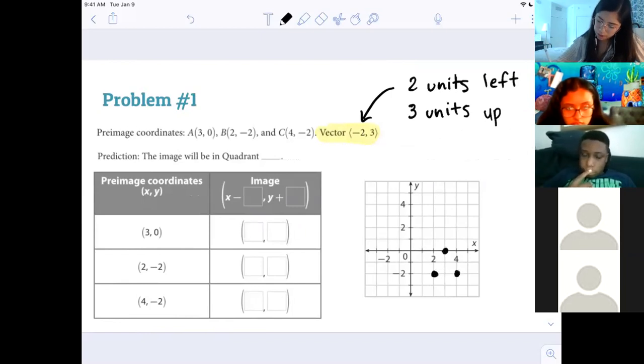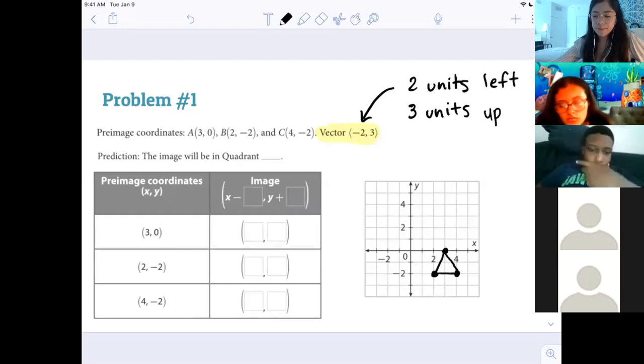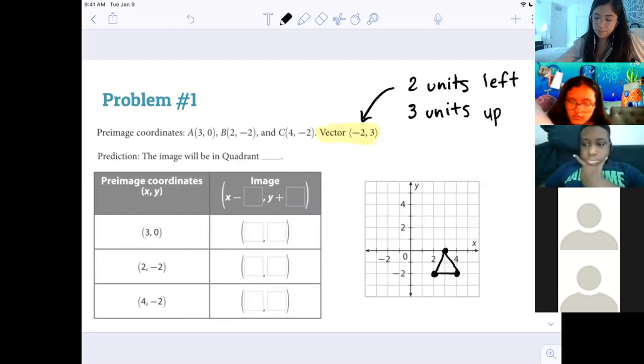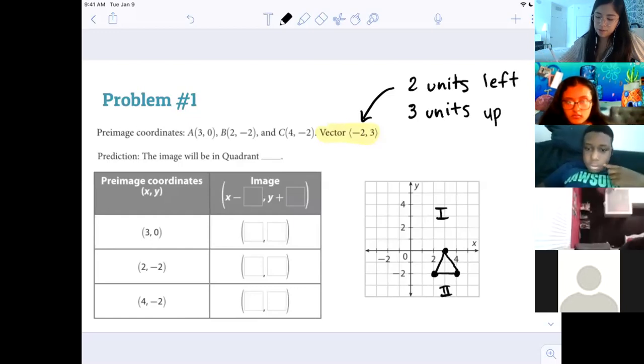When I do my transformation, what quadrant is it going to end up in? As a review, this is 1, 2, 3, and 4. Which quadrant am I going to end up in?